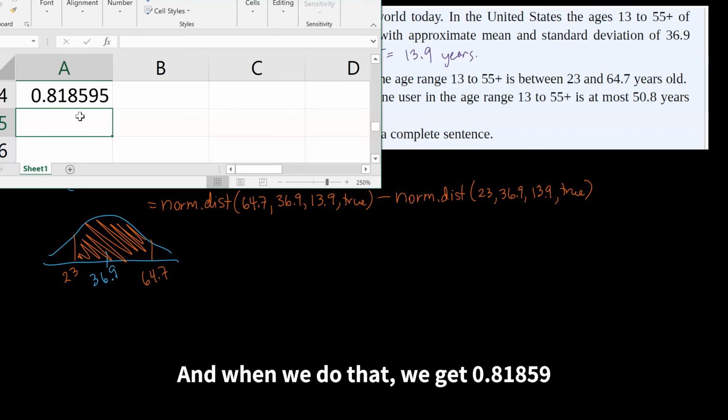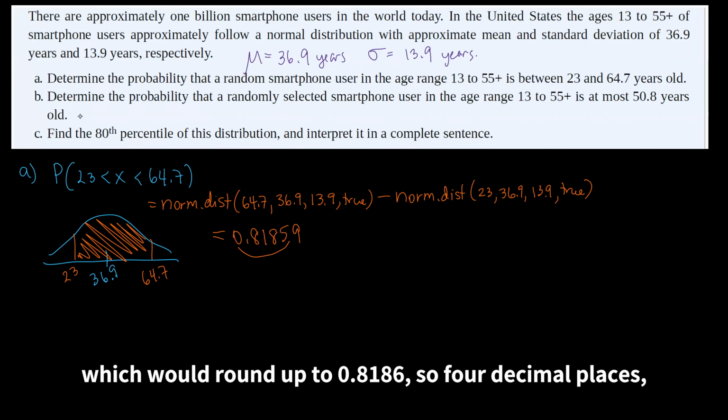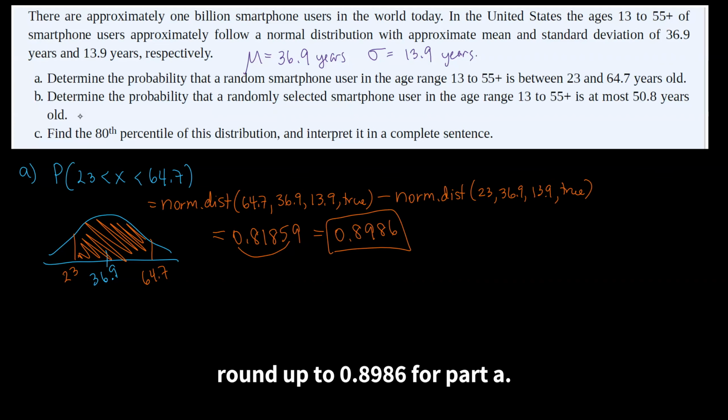And when we do that, we get 0.81859, which would round up to 0.8186. So 4 decimal places, 0.8186 for part A.